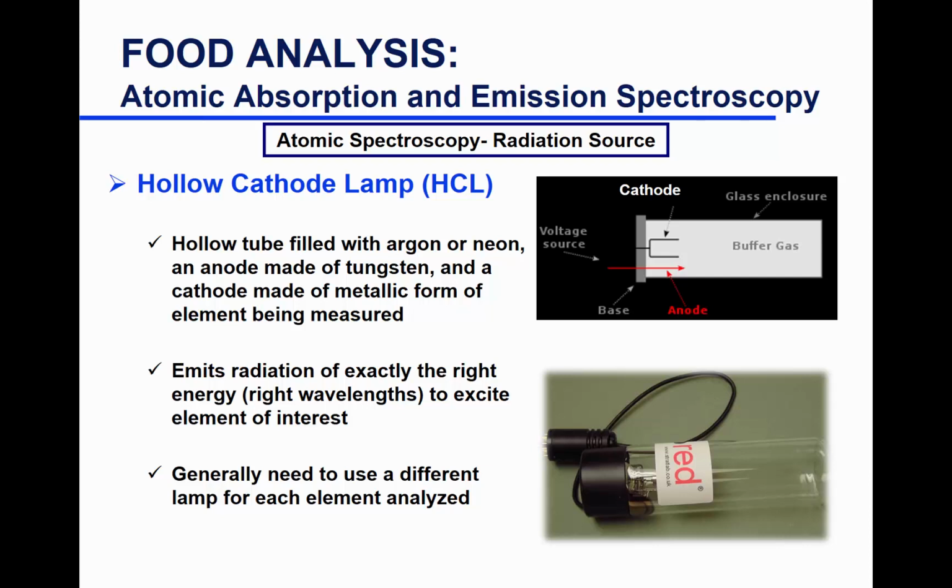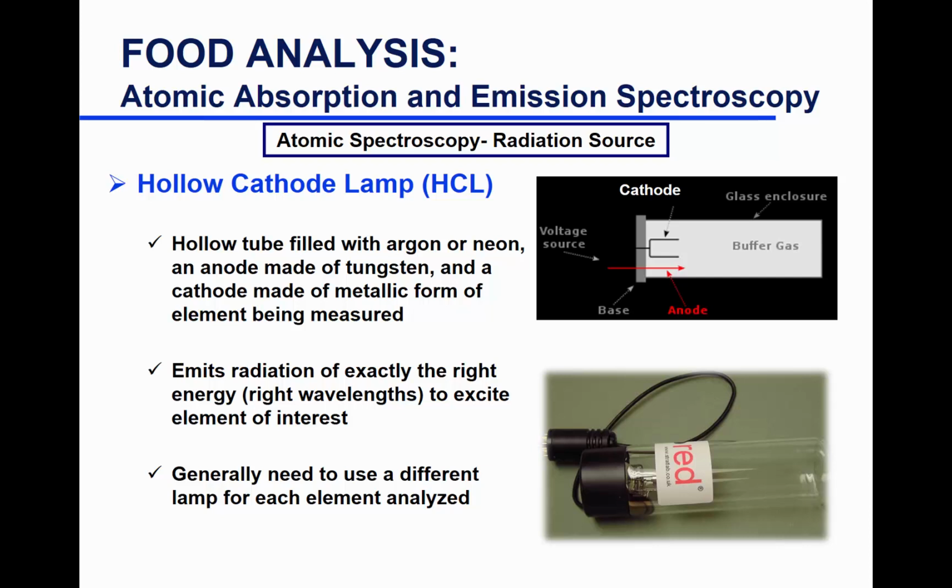A hollow cathode lamp, which looks like this down here, is basically a hollow tube, hence the name, and it's filled with an inert gas, either argon or neon. Then you have your anode and cathode, because a voltage is applied, so you will have an electric signal.